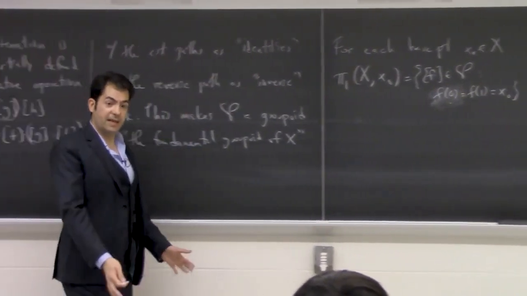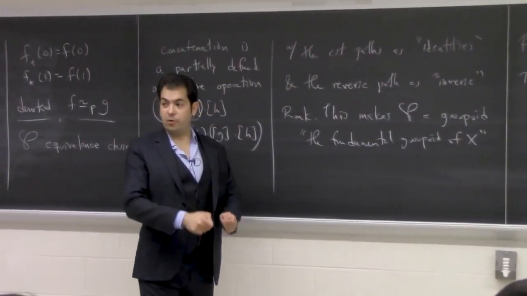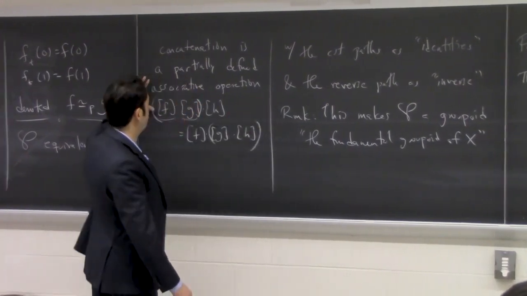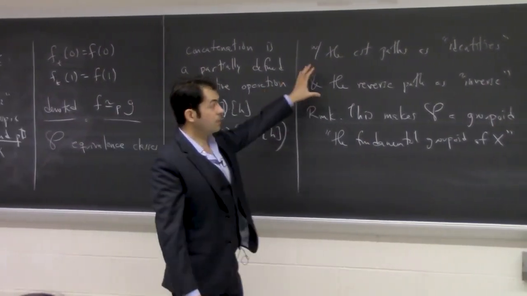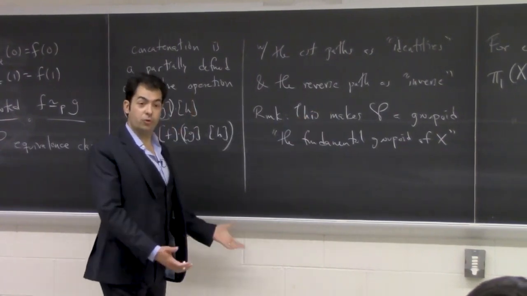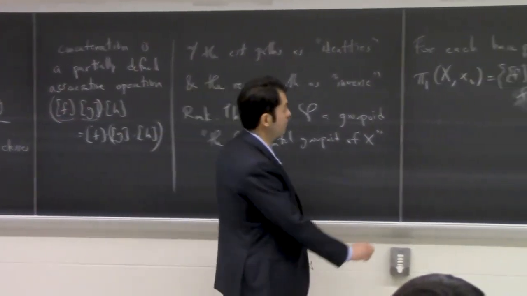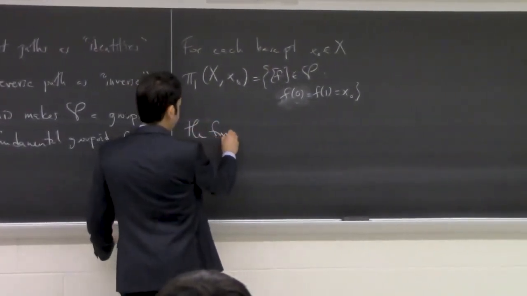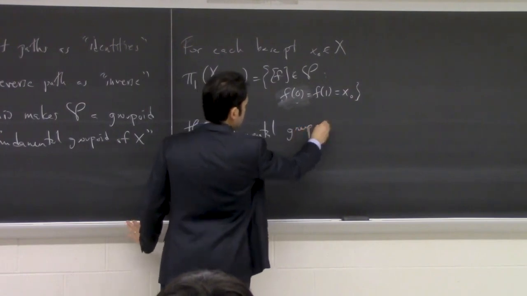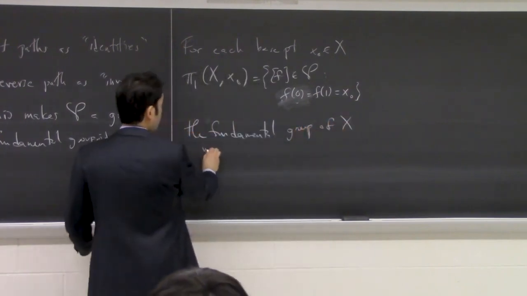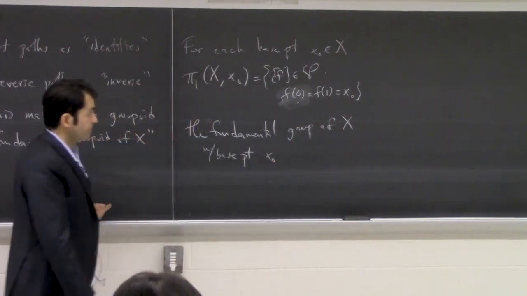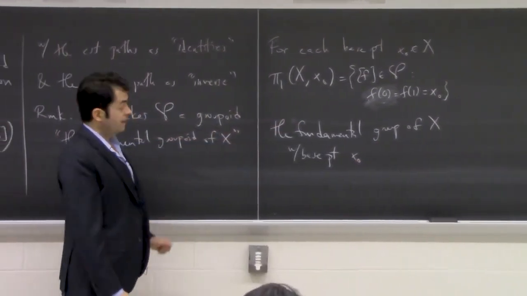So these are homotopy classes of loops based at the point x naught. Right? And if you specialize these properties to having fixed beginning and end point, you see that you get a group. Right? So this is called the fundamental group of X with base point x naught.